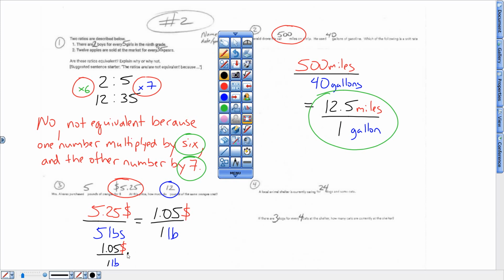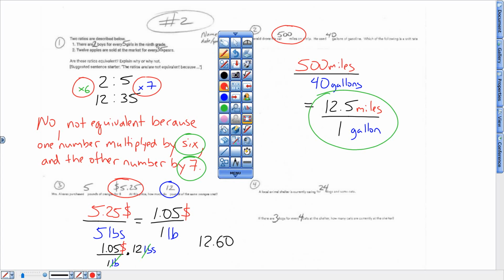I'm timesing that $1.05 per 1 pound times 12 pounds. The pounds units will cancel away and just leave me that dollar unit that I'm looking for. So when these pounds units go away and I times that 1.05 by 12, that gives me what I'm spending, $12.60.